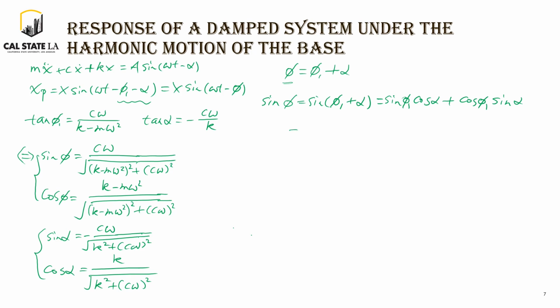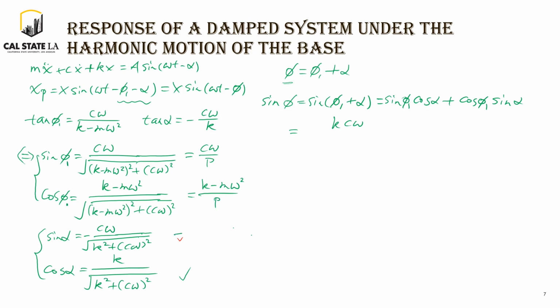So we have sine phi 1 and cosine alpha. Let's call the first denominator, the square root of k minus m omega squared, squared plus c omega squared, p. So cosine phi 1 will be equal to k minus m omega squared over p.